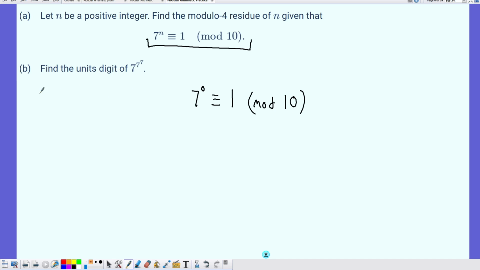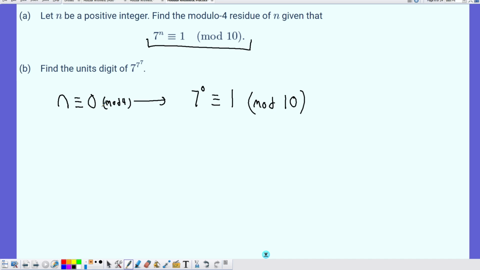And therefore, we would have this situation where n is congruent to 0 mod 4, since it wants us to state the modulo 4 residue.